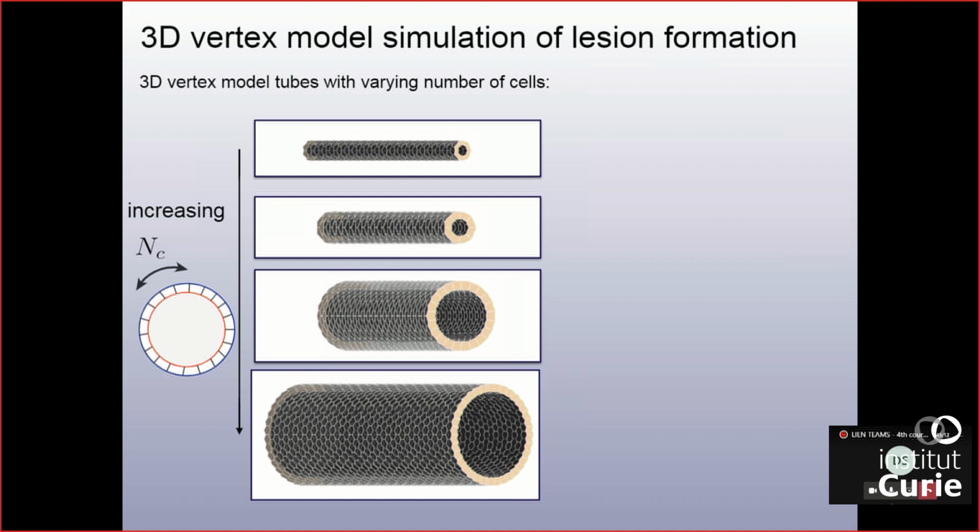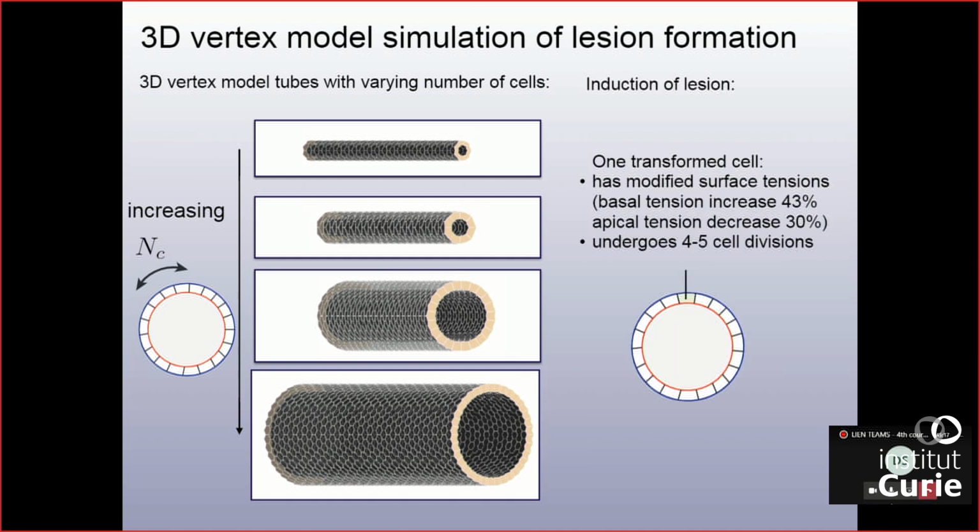The size of the cell is not really varying in different regions of the organ. And then we do a simulation where we pick a cell in this tube, and we do what we think happens in the tumor, meaning that this cell is going to grow and divide and generate a small tumor. And also there is a redistribution of surface tensions, apically and basally, like we saw from the myosin measurement.